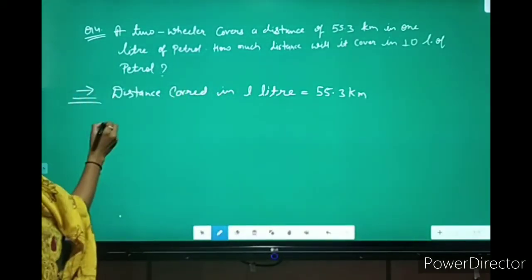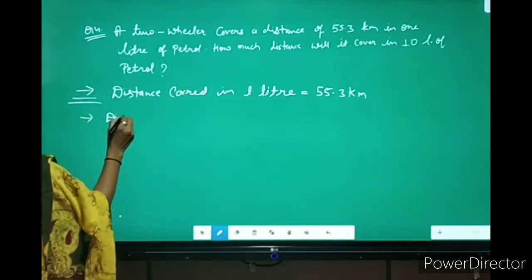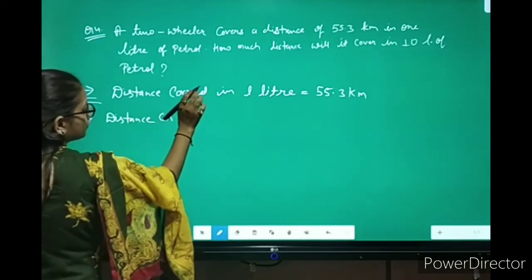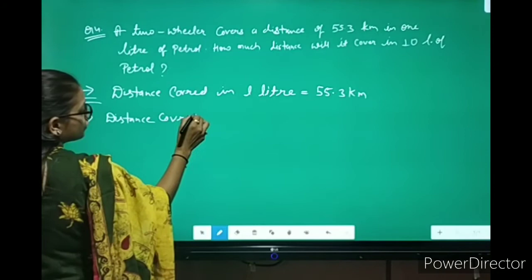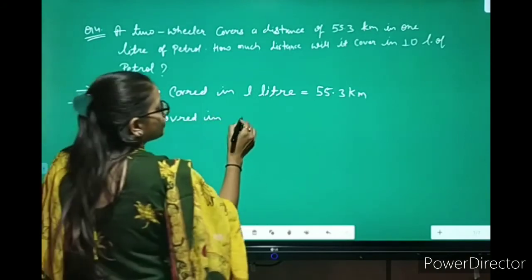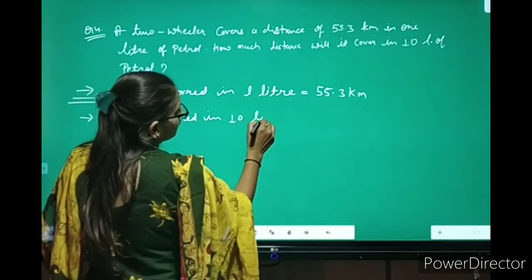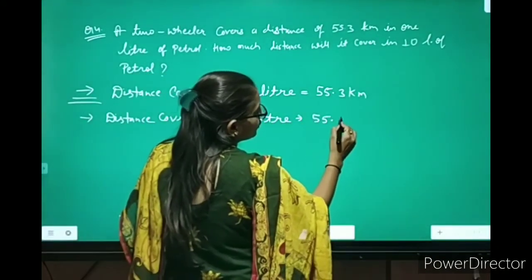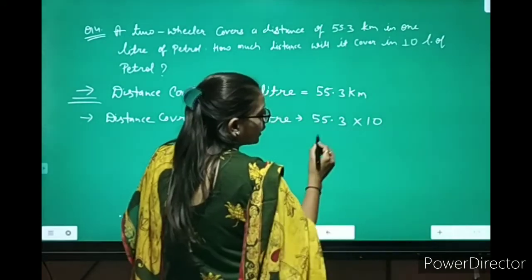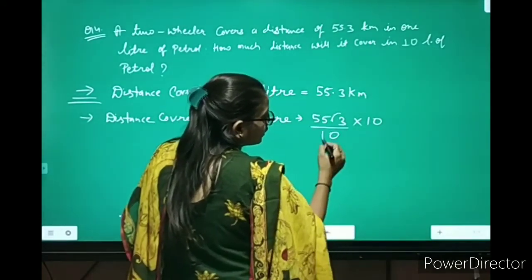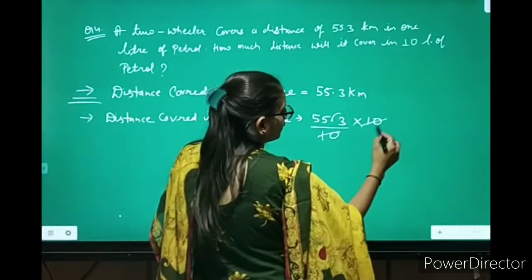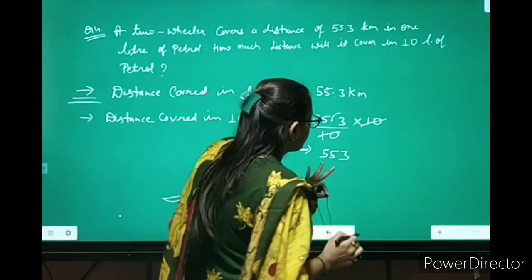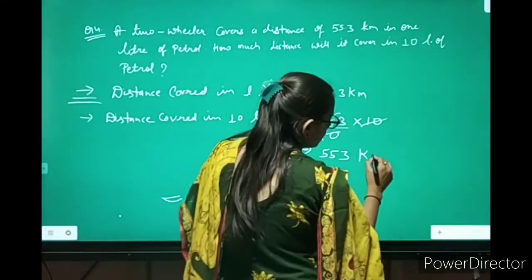So in 10 liters of petrol, 55.3 multiply by 10. Remove the point. Answer is 553 kilometer.